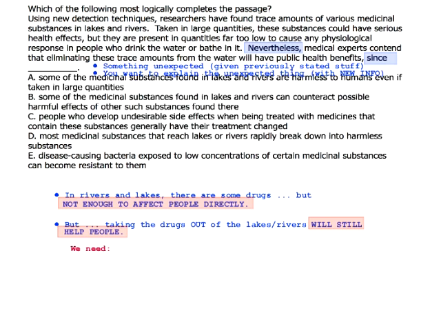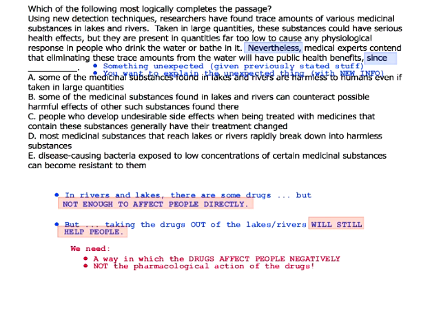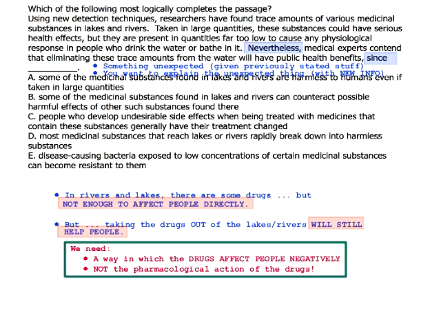So we need a way in which the drugs affect people negatively, but it cannot be the actual pharmacological action of the drugs themselves, because they don't have it. There's not enough of the drug there to actually affect people. This is what we need. So the drugs have to be harming people in some other way. That's a standard. We can take that to the choices.